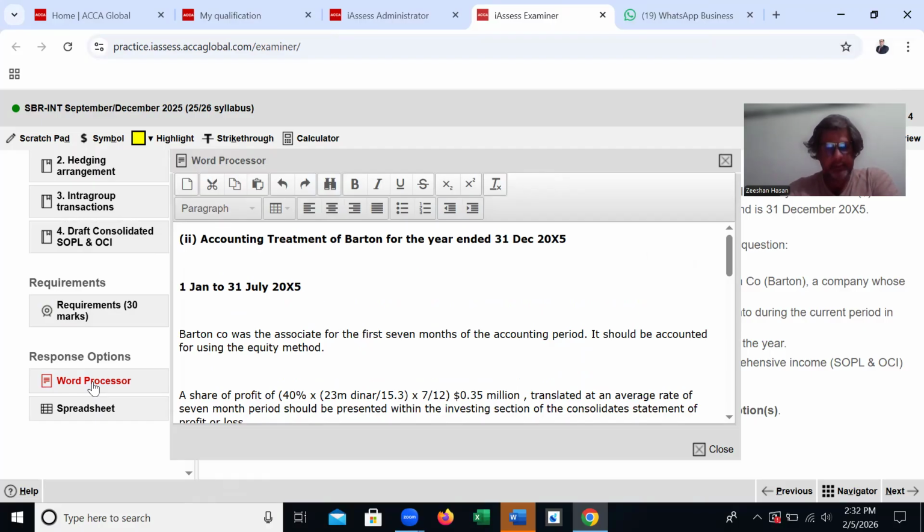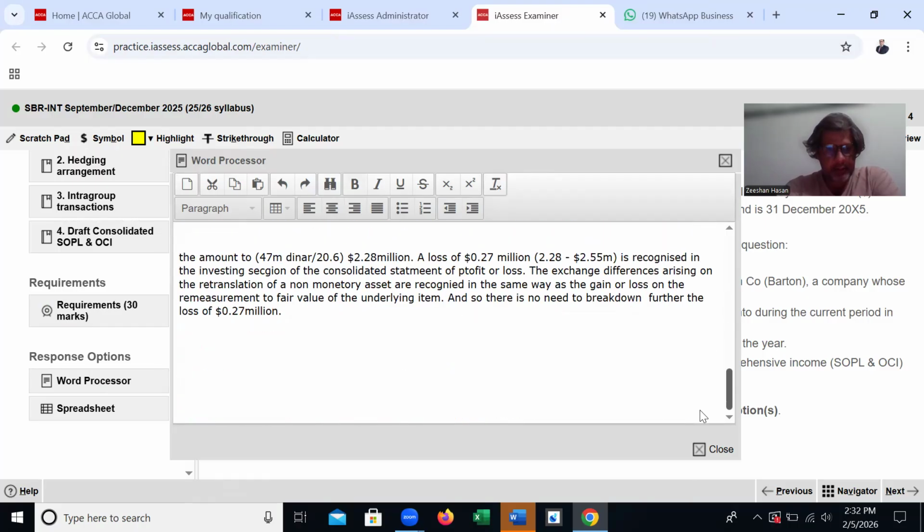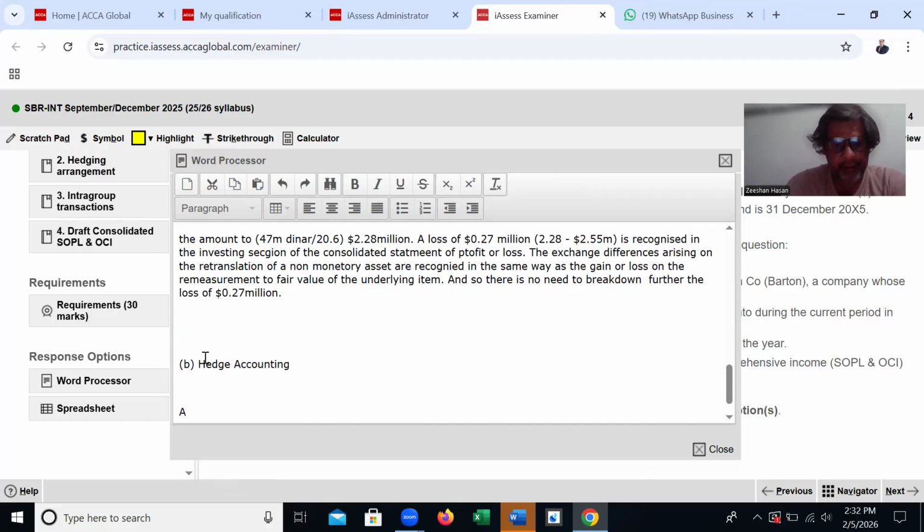So again, for this part, we will move to the word processor, requirement B, hedge accounting, and here is my solution.